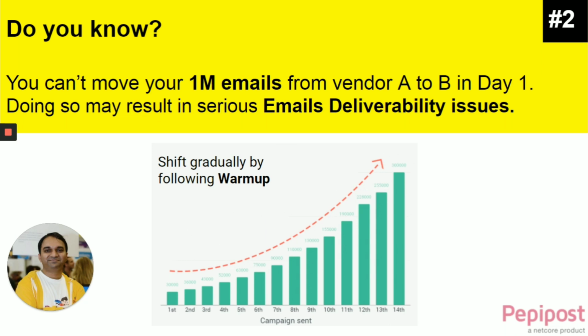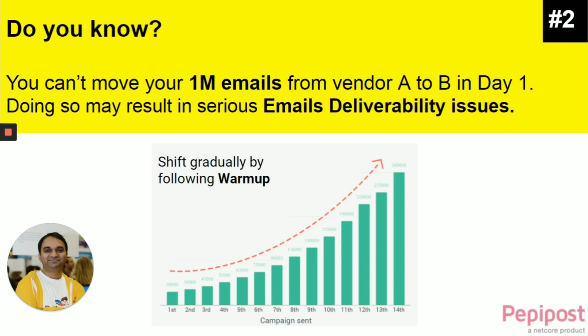So it should be a gradual shift. Like here you can see in the graph, it's just a sample graph where on the first day you send 30,000 emails, then gradually you increase it to 40,000, then 50,000, then 60,000, and so on. But this doesn't mean that you will keep on increasing emails in this fashion.